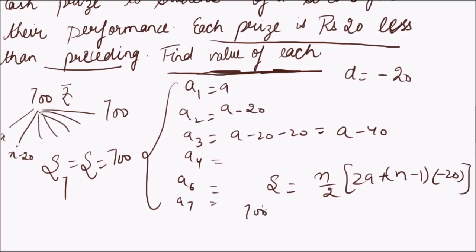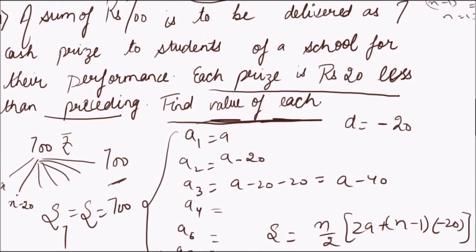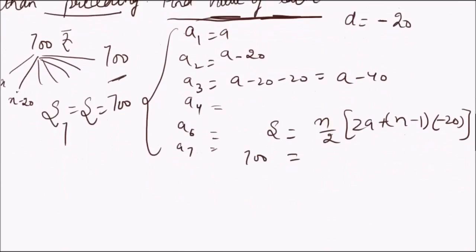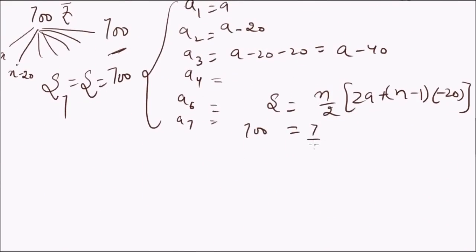Now S, the total sum, is 700, and n, the number of terms, since the cash prizes are to be distributed into 7 cash prizes to students, will be 7. And we know nothing about a, and n minus 1 is 6, into minus 20.